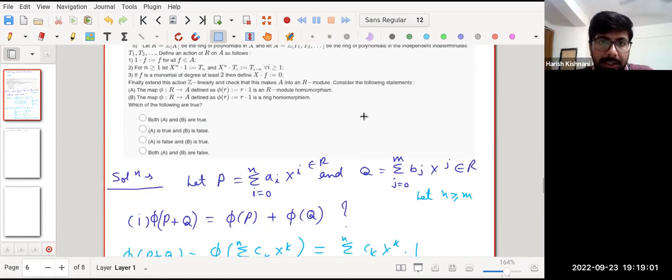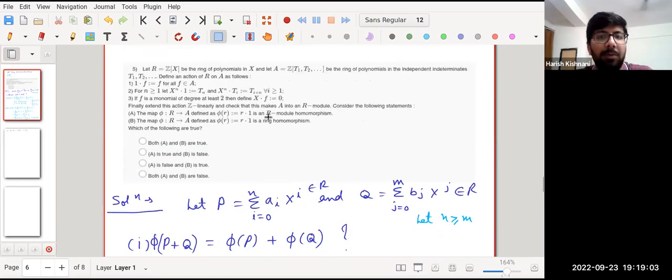But here they are saying it is an R module homomorphism. So R is itself a module over R, and A you have given an R module structure. So the scalars will also come from R.